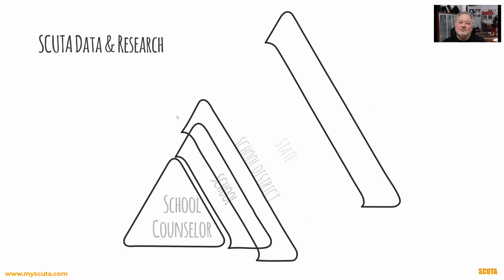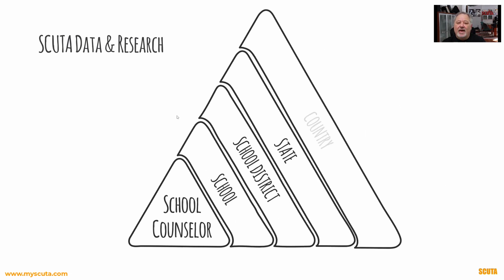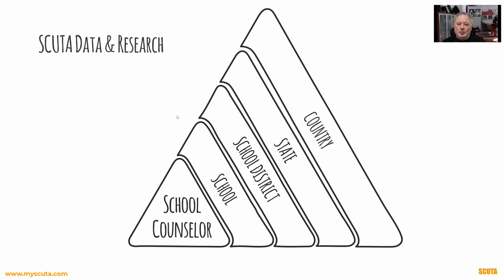Well, we're approaching the end of this video, and I wanted to bring up a couple of things. For example, SCUTA is a great way for you to document your time and for collecting real-world statistics at a school counselor level, the school district, the state, or even the country level.